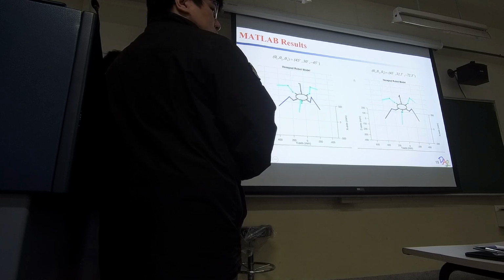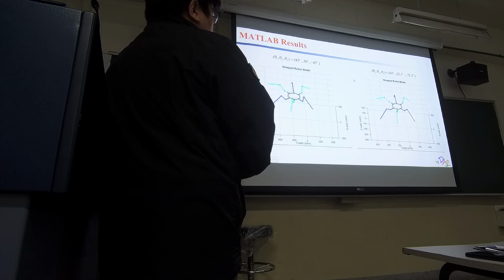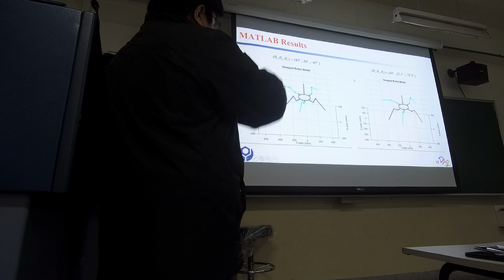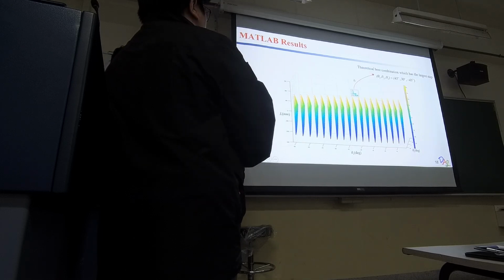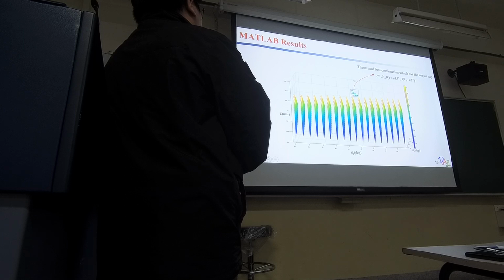Now, you are just finding the best joint angles for a forward movement. But what about turning or backward? Have you tried that? For turning movement, we can learn from this graphic. So this L has a positive value and a negative value.